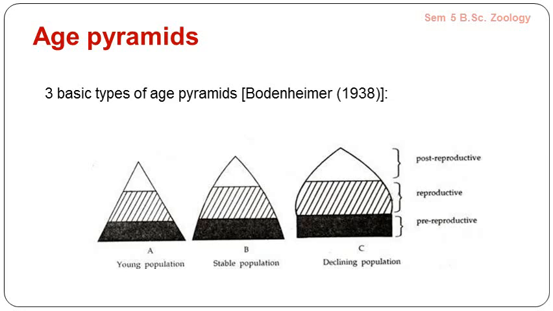Okay, so the proportion of the three ecological age groups as determined by Bodenheimer, and the proportion of male and female individuals in a population, both have influence on the increase in population size or the population growth.